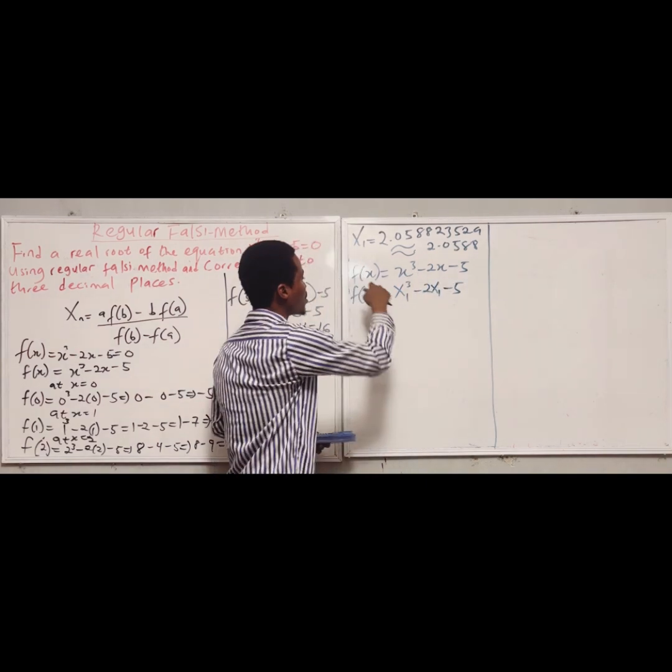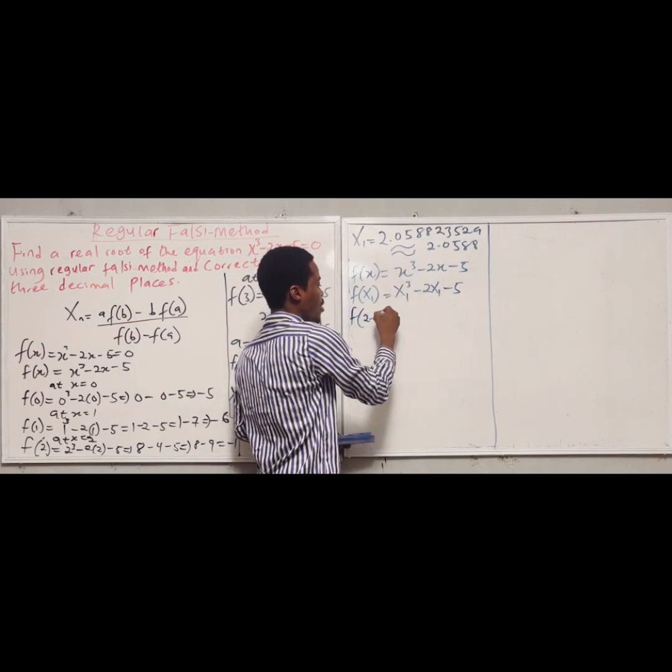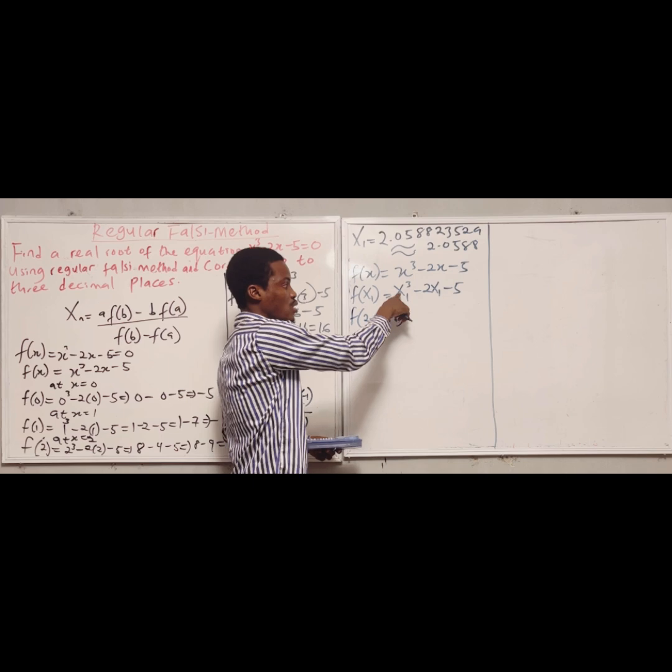Same thing. What do I have for x1? I have 2.0588. So whenever I see x1, I put this.